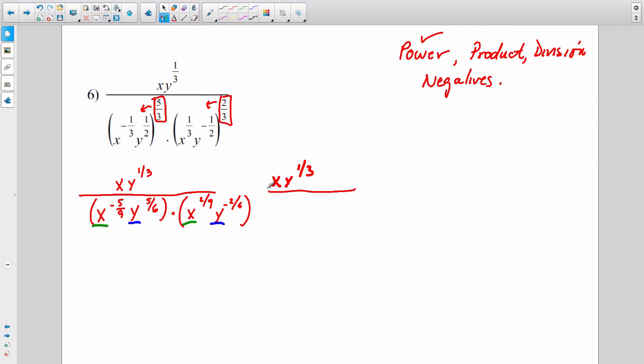Over. Now we're going to have x to the negative 5/9 plus 2/9 times y to the 5/6 plus a negative 2/6.